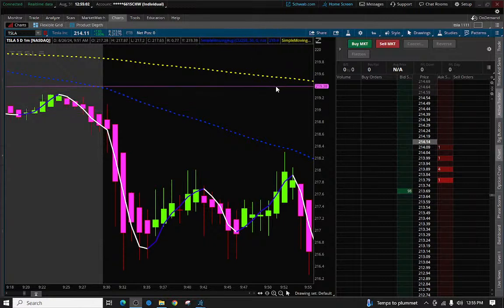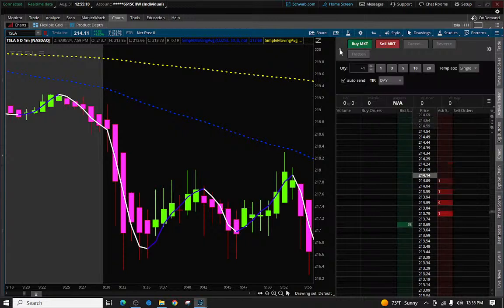So to set up your margin account so that you can trade pre-market and after hours, you have to have what's called TIF activated on your screen, okay?